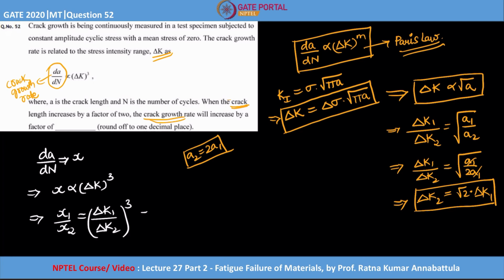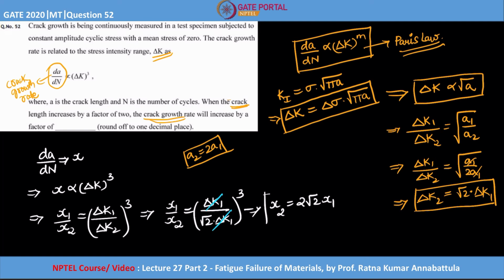So again I have the equation here. What will I get from here? x1 by x2 is equal to delta K1 divided by root 2 times delta K1, into whole cube. So this is getting cancelled out. What you are left with is, I can directly write, x2 is equal to 2 root 2 times x1. This is what they are asking, right?